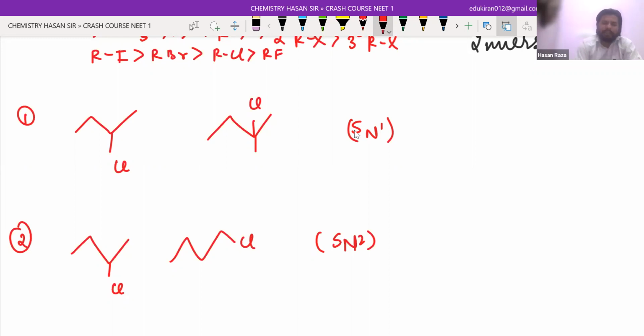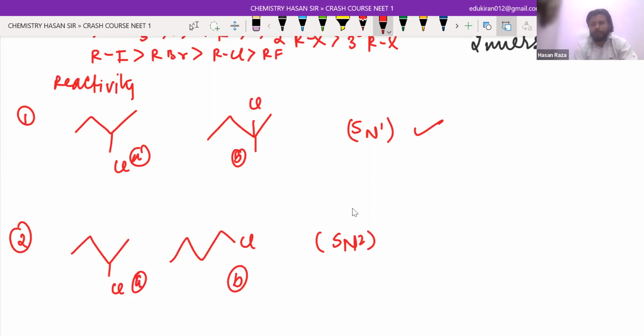You need to tell me the reactivity of this A and B towards SN1, and this A and B towards SN2. Simple question. Alan, please do answer.